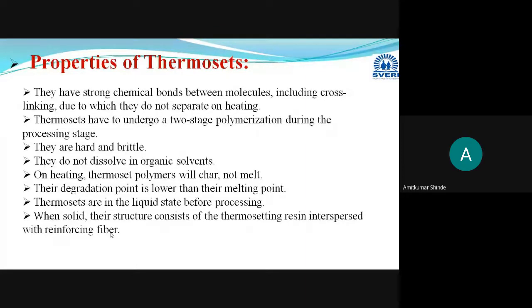Okay. So in the solid state, the structure consists of resin, which is reinforced, or you can say interposed in the fibers. Just like the combination of composite materials, this thermosetting structure will be like that only.